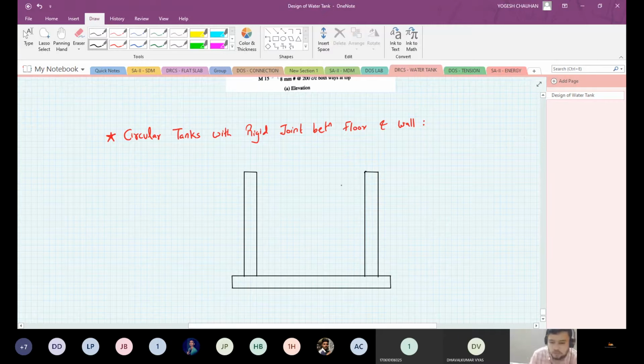So this is any tank section, and let this be the diameter.